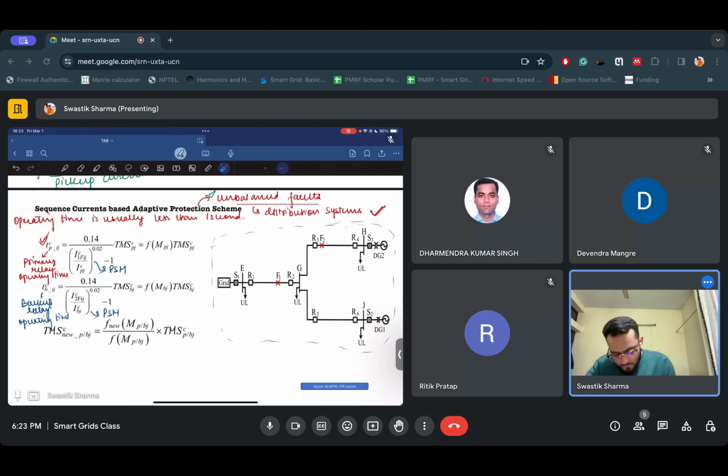And the operating time for the backup relay is provided using the negative sequence current component. So the plug setting multiplier to calculate the operating time for the backup relay uses the negative sequence current component. This negative sequence current component will only be present if there is an unbalanced fault in the system.